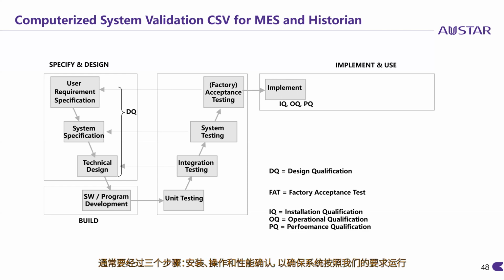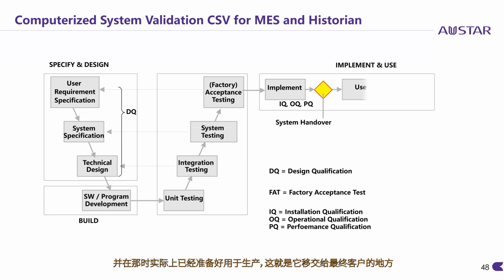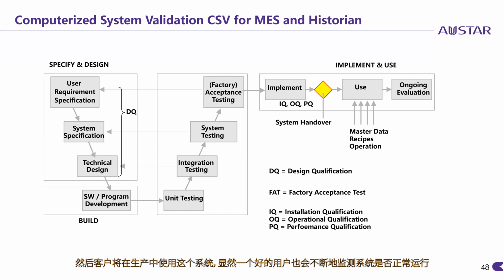In implementation, it goes typically through 3 steps: installation, operational, and performance qualification, to make sure the system performs as we want, and at that time is actually ready for production. That's where it's handed over to the final customer, and the customer then will use this system in his production. And obviously, a good user will also continuously monitor if the system is doing a good job and continuously improve it as time goes by.